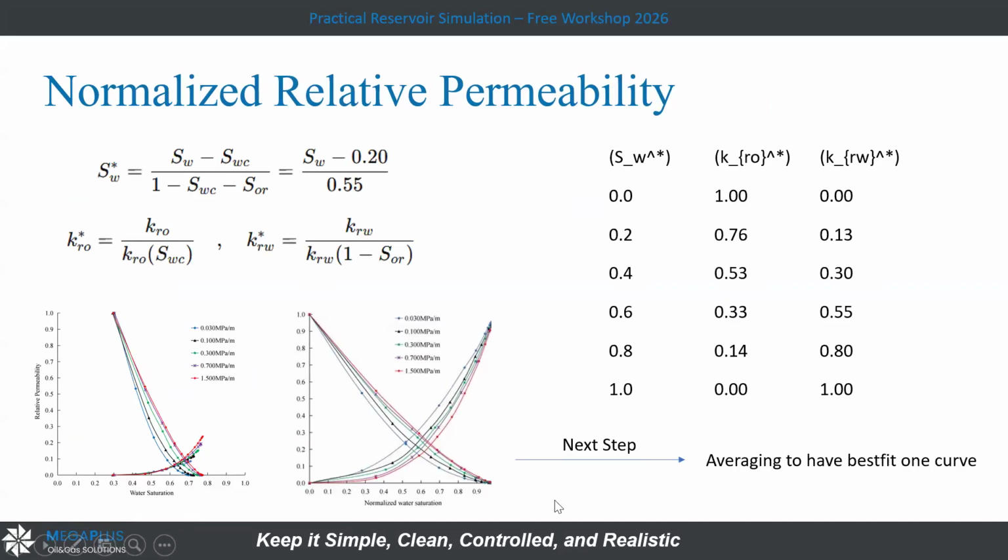I will make another chart between water saturation and normalized relative permeability from this equation. It's a very simple equation, like a percentage. You are normalizing each value to the 100% value, or the one value. And then again, we will have something like here, relative permeability curves from 0 to 100%.